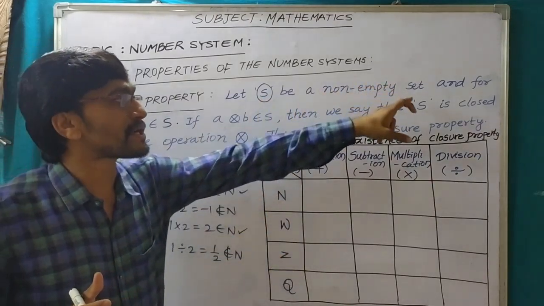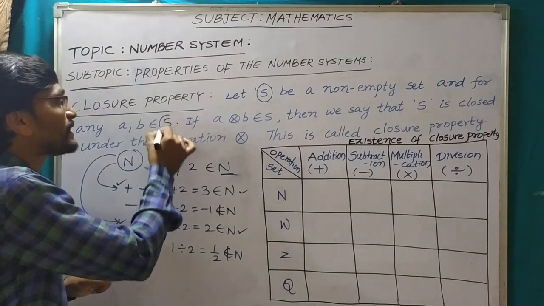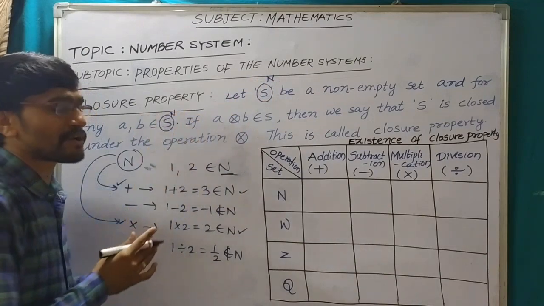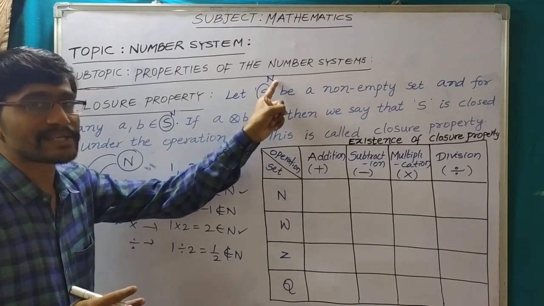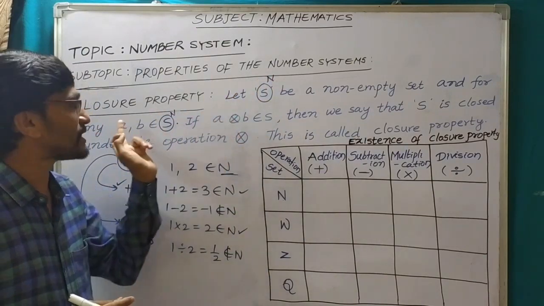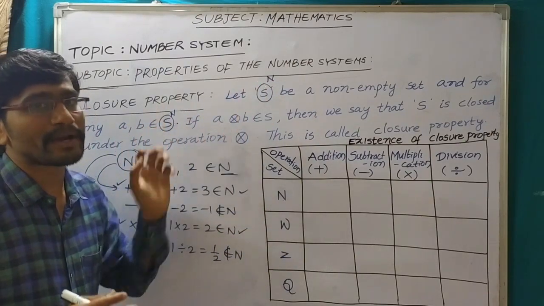S is any of these four number systems. Let S be a non-empty set, and for any a comma b belongs to S. That means if S is natural numbers, then a, b are natural numbers. If S is whole numbers, then a, b are whole numbers. If S is rational numbers, then a, b are rational numbers. If integers, then a, b are integers.